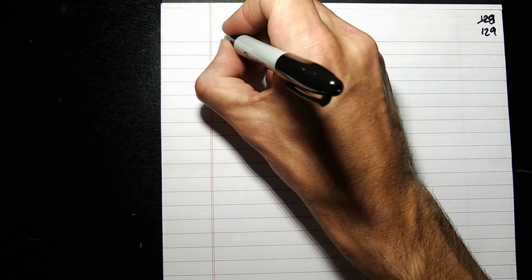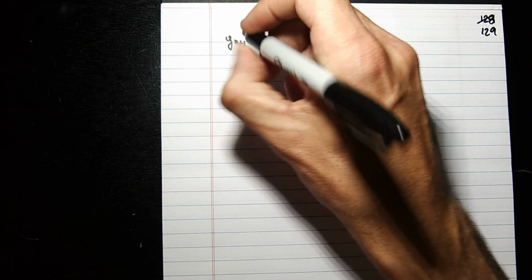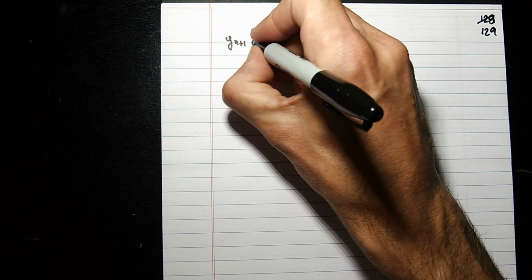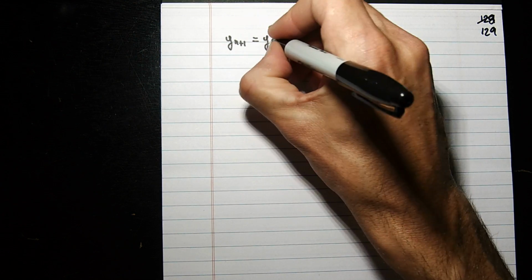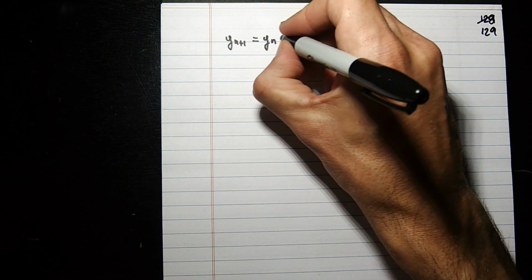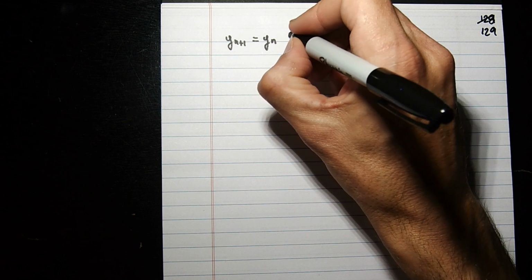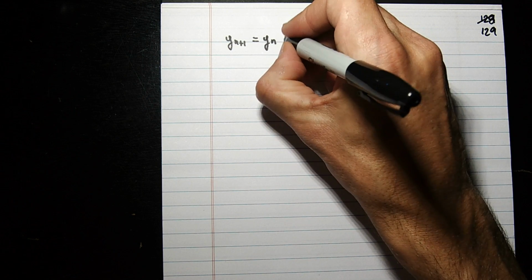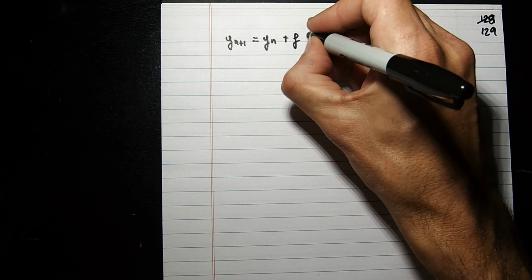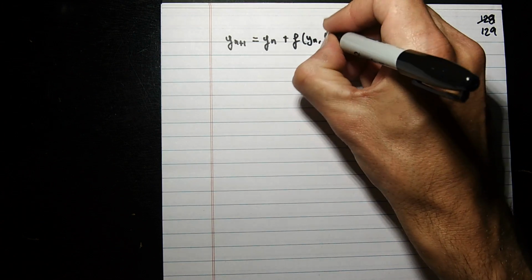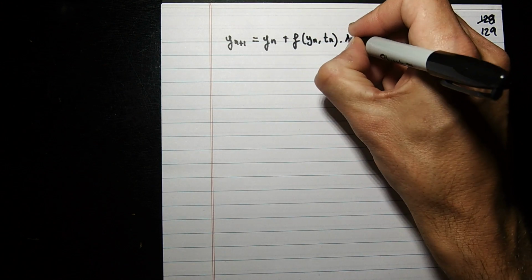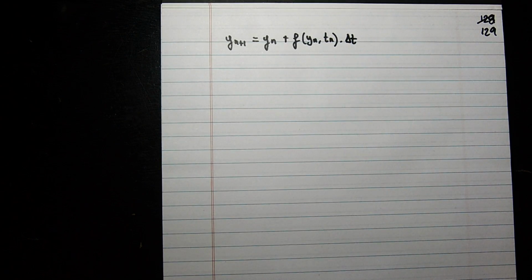Okay, so now that we have this from the previous expression, we can find that at the next step y_{n+1} will be equal to y_n plus f(y_n, t_n) times delta t.